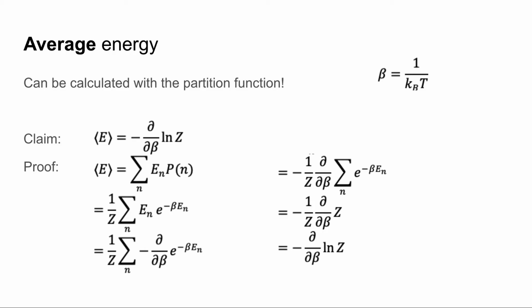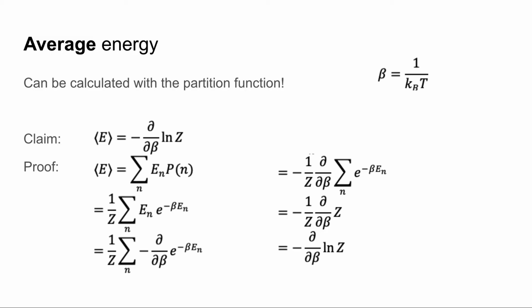So how do we calculate average energy? Right now, we have a box of particles, and we can only say that this particular microstate occurs with probability 0.1, and this other microstate occurs with probability 0.2. But you can see that given a particular temperature, the energy is actually not fixed, right?